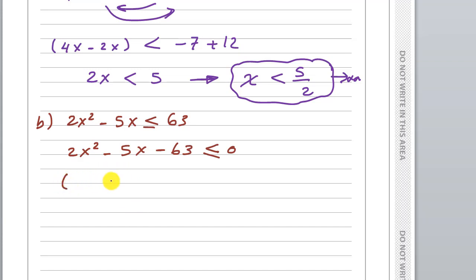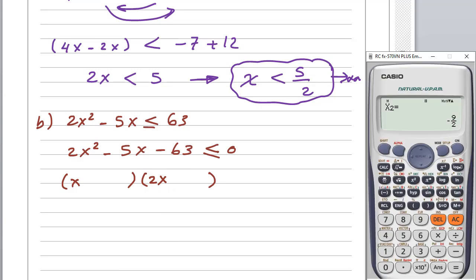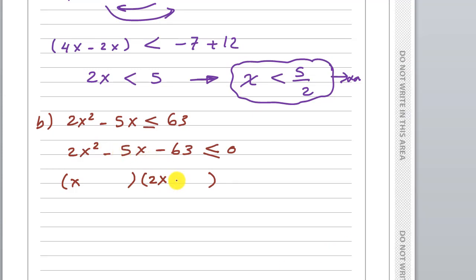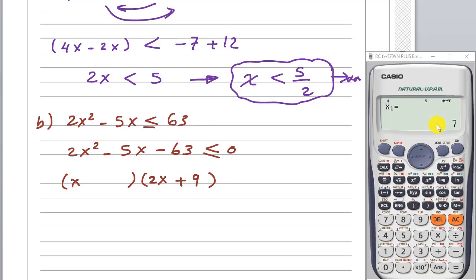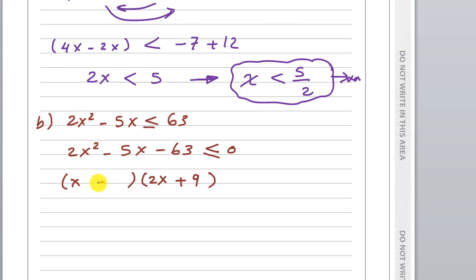So I can write now (2x + 9)(x - 7) less than or equal to 0. The first answer is minus 9 over 2, so I write 2x plus 9, and the second answer x is equal to 7, so I write x minus 7, less than or equal to 0.